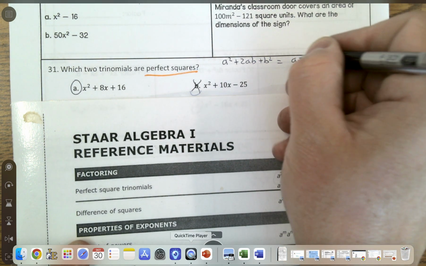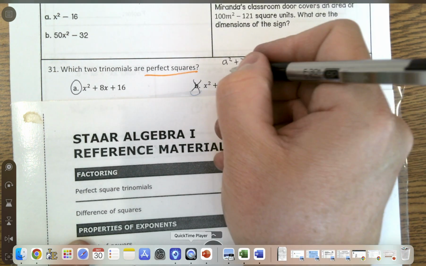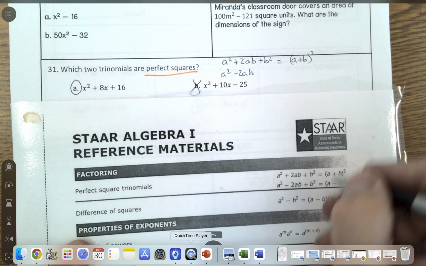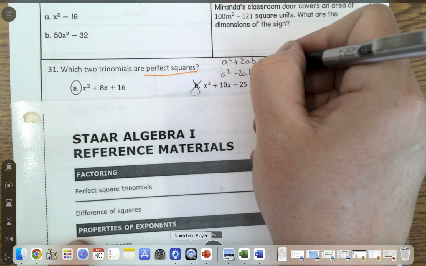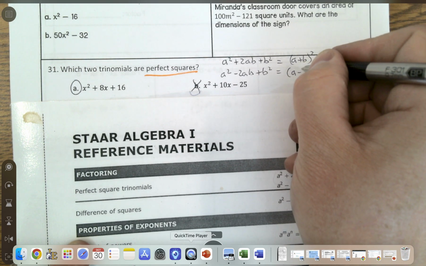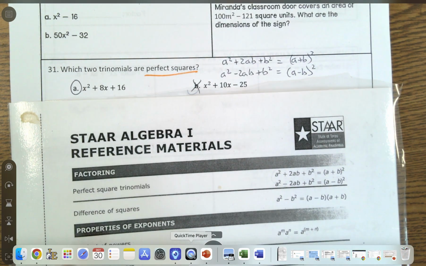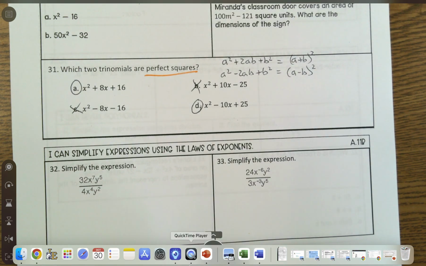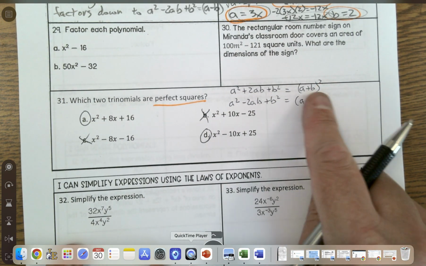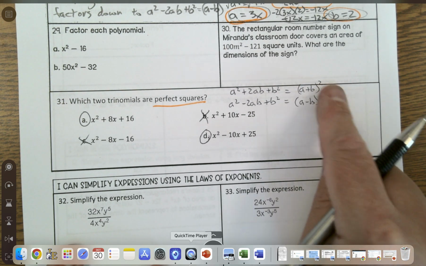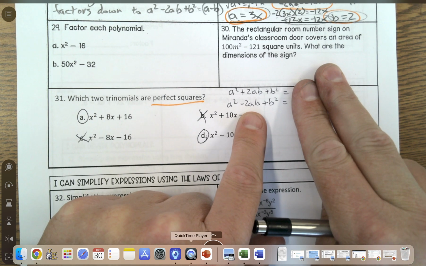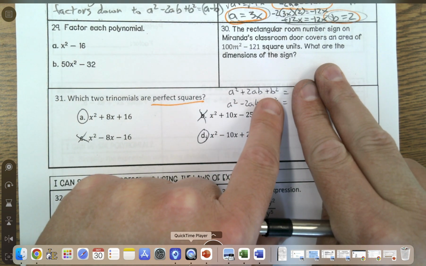And then I have a squared minus 2ab plus b squared equals a minus b squared. And the way I'm solving these problems matches this problem, but this right side here is more for a different kind of problem, and we'll explain that in the lesson. But right now, I only need to know the left side here. I need to know, do we have perfect squares in the front and the back?